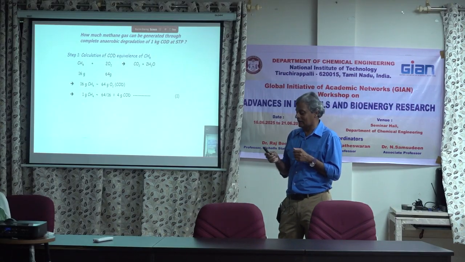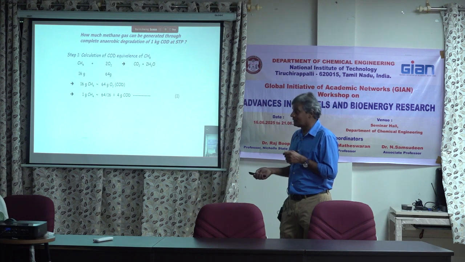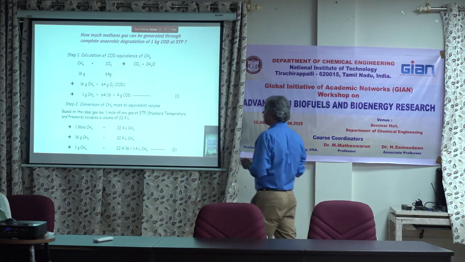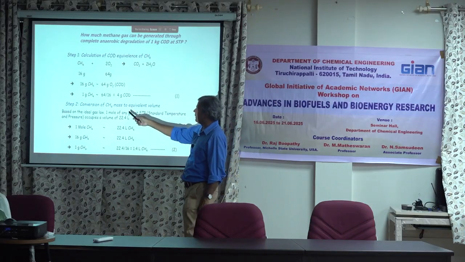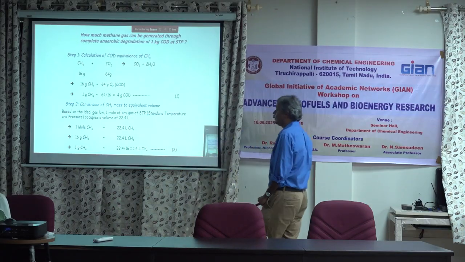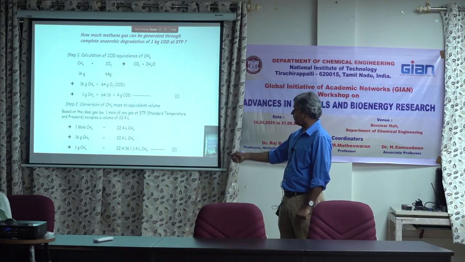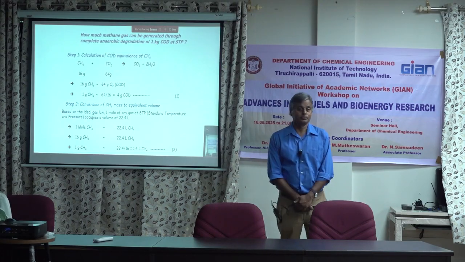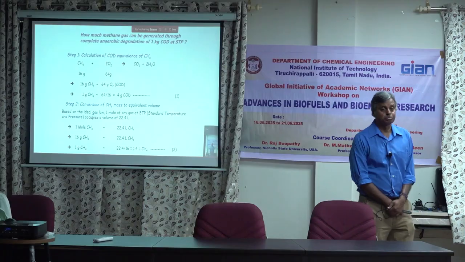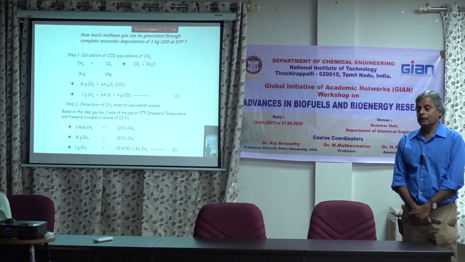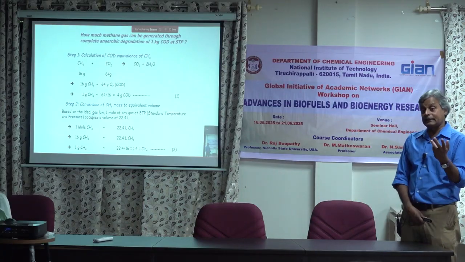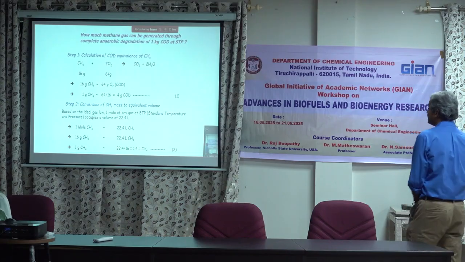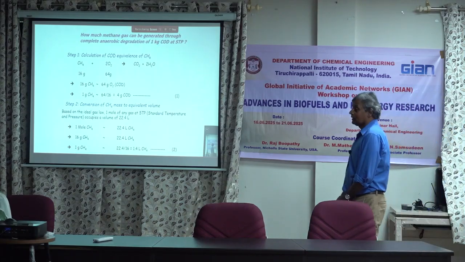I will click the second step. Now you're going to convert methane mass to equivalent volume, and then you can look for that. Your problem has 8 kilograms of COD, so you need to calculate for 8 of COD.